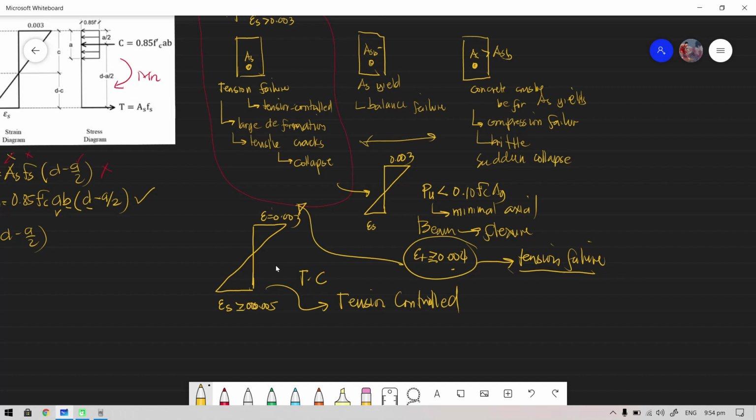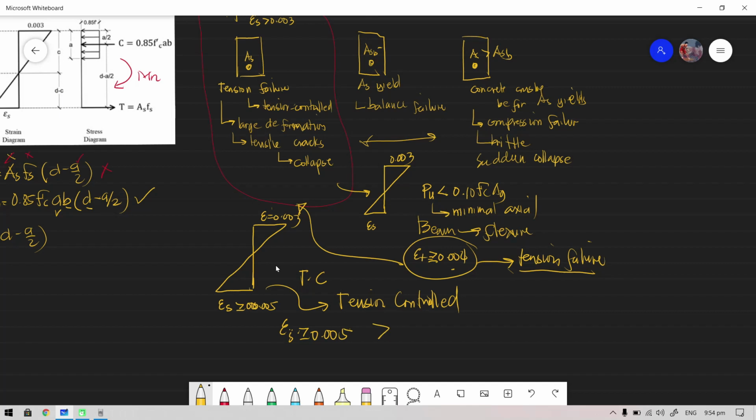Now, if you want to make your beam fail in tension, the mode of failure will be in tension control. I believe that we can design yung section at ET greater than or equal to 0.005.